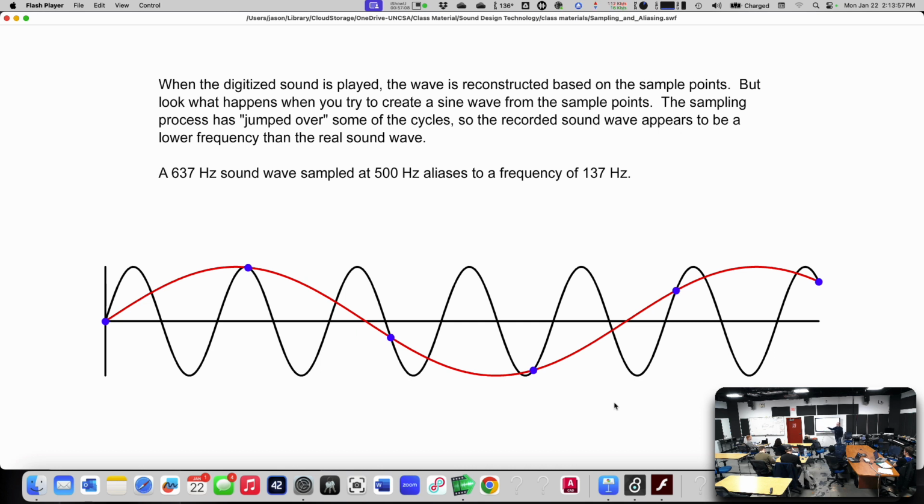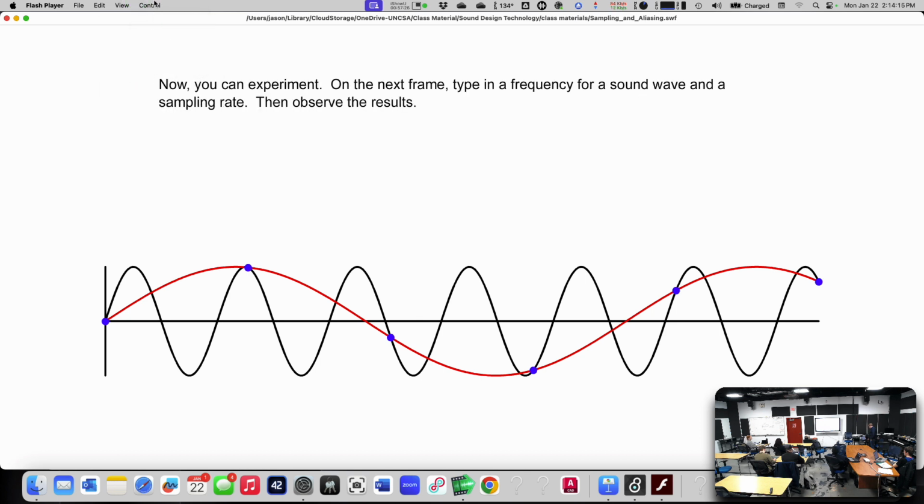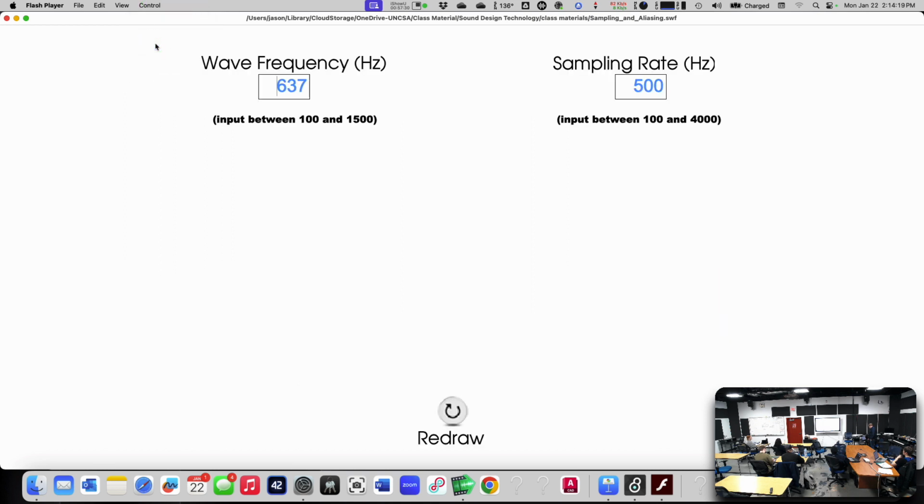This is an example of where we had not enough samples. Our sampling rate was too low, and so the wave that comes back out is a much lower frequency. Okay? So ultimately, the rule of thumb here, I don't know if I have this or not. Oh yeah, here we go.